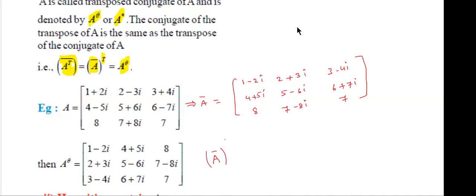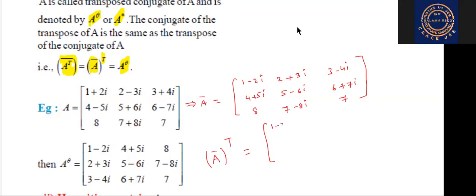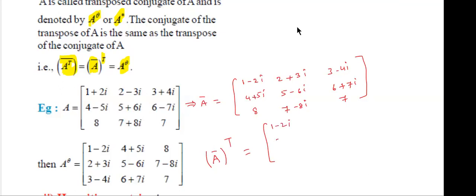Do that. Conjugate whole transpose. Apply the transpose. What do we get? 1 minus 2i, 2 plus 3i, 3 minus 4i, 4 plus 5i, 5 minus 6i, 6 plus 7i. Next, 8, 7 minus 8i, 7.